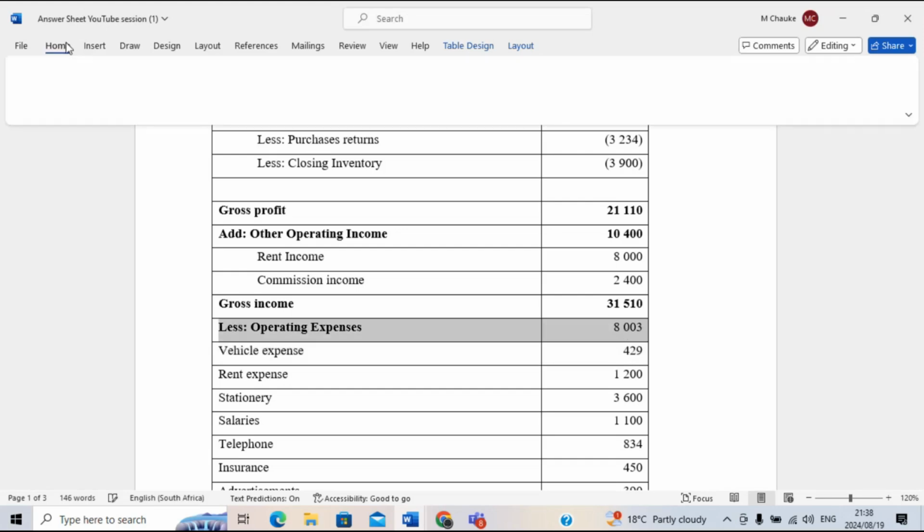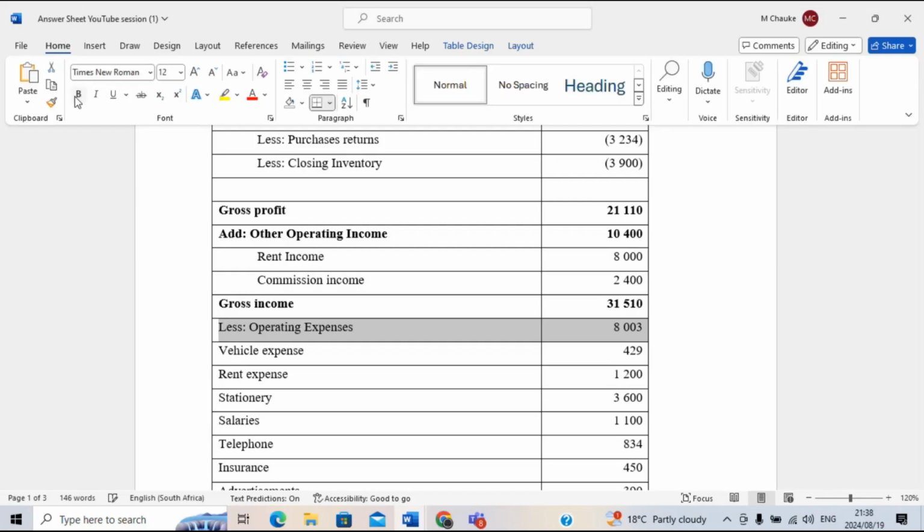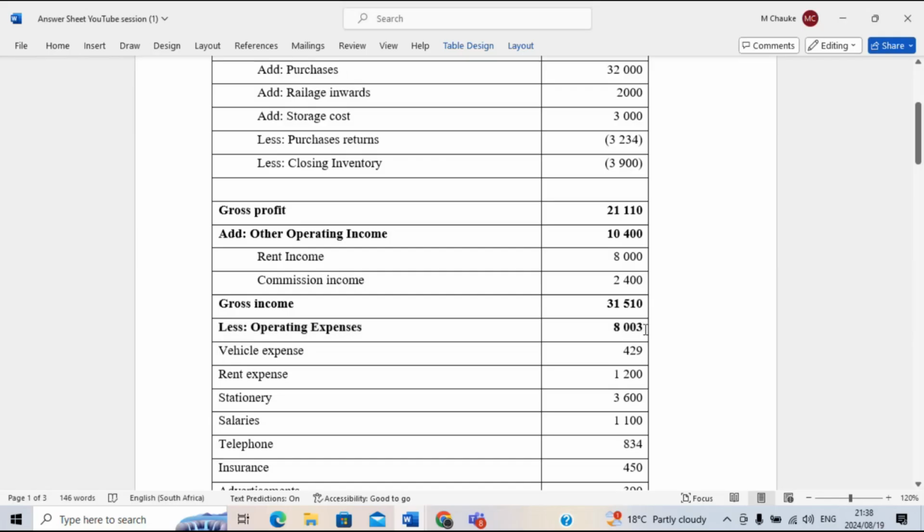I'm just going to do this quickly. Operating expenses, they must be in brackets because you have to subtract them. So anything that you have to subtract or anything that is negative in accounting, we have to put in brackets. But with your format, you must put less as well. If you forget to put brackets, at least you've put less this side. Then you are safe, right?